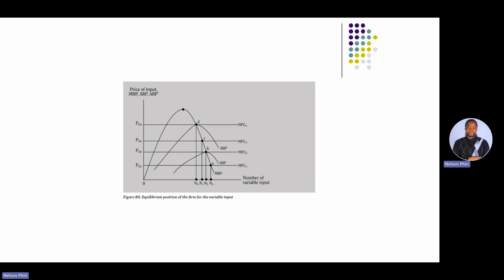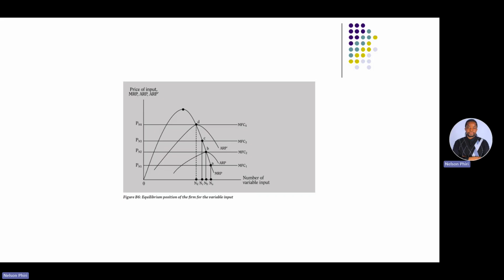At that particular point, the total revenue generated by the firm, ARP times N, is equal to the cost, which is PN2 times NB. Hence, at that point, the firm is making what you call normal profits. Normal profit is a point where a firm is neither making a profit nor a loss. So that is the price level at PN2.